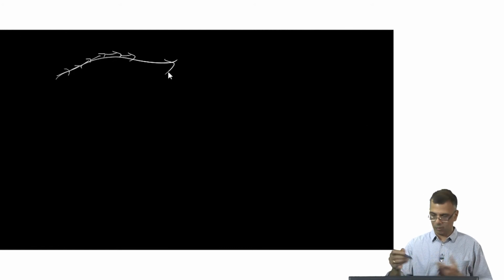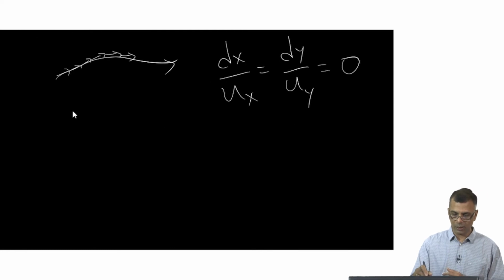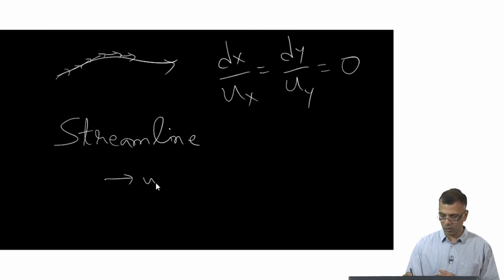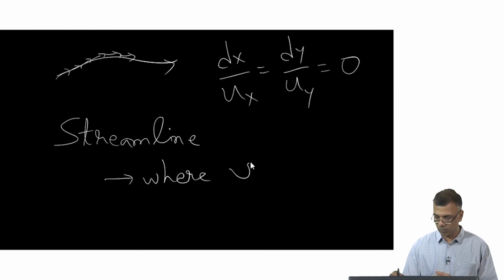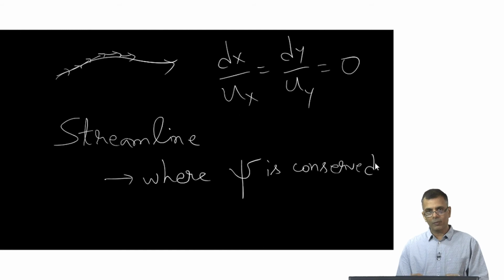You can also define a streamline as one where the stream function psi is conserved. In other words, each streamline has a particular value for psi. Psi labels a streamline.